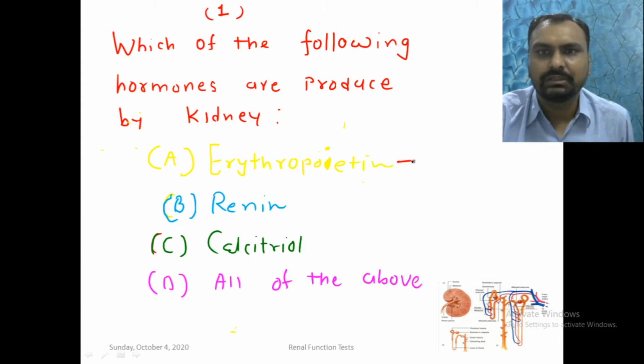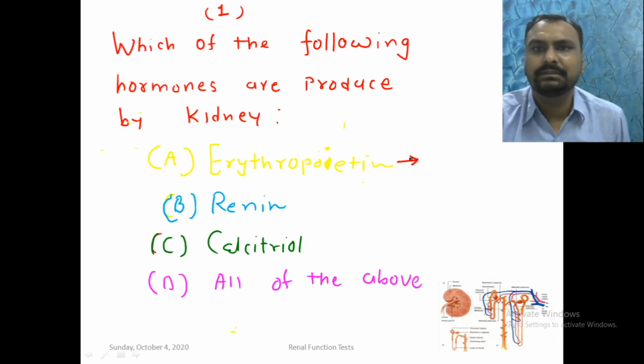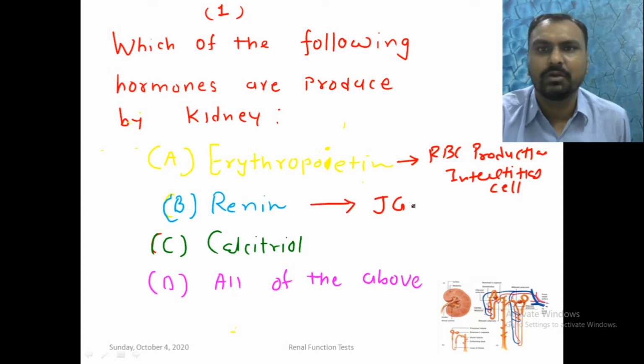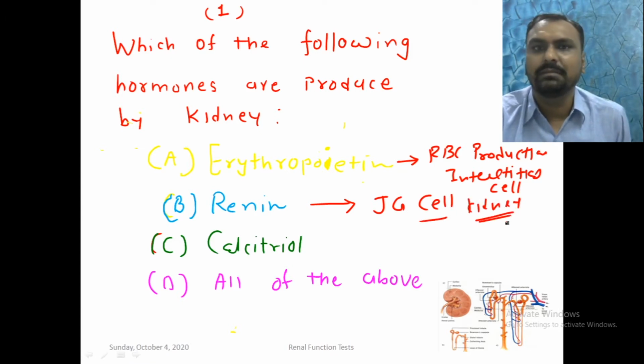So as we know, erythropoietin, which is required for the production of RBC, is secreted by the interstitial cells of the kidney. So it is produced by the kidney. The renin enzyme is produced by the juxtaglomerular cells of the kidney, which is very important to maintain blood pressure.